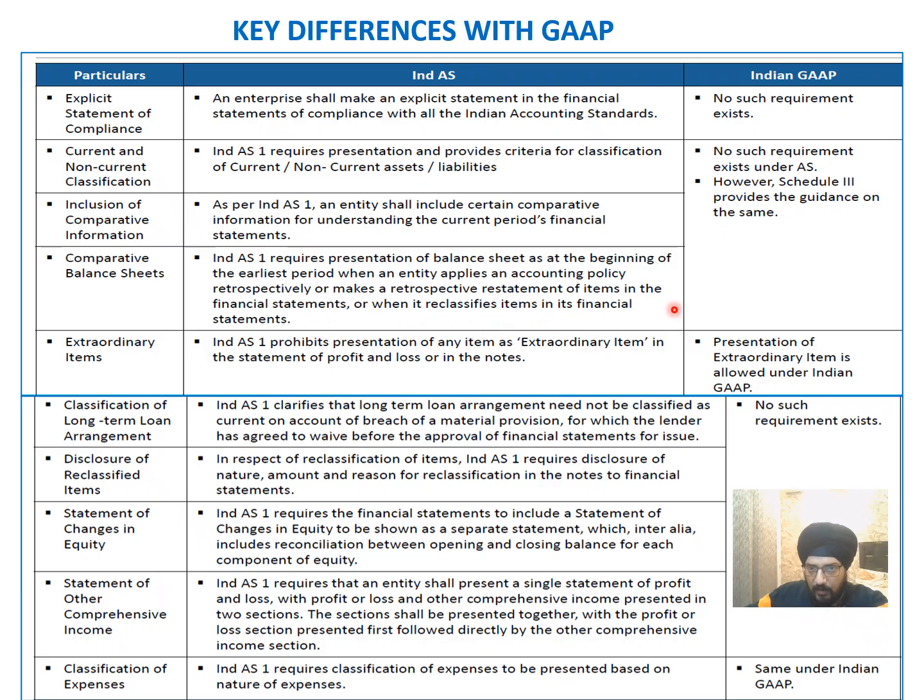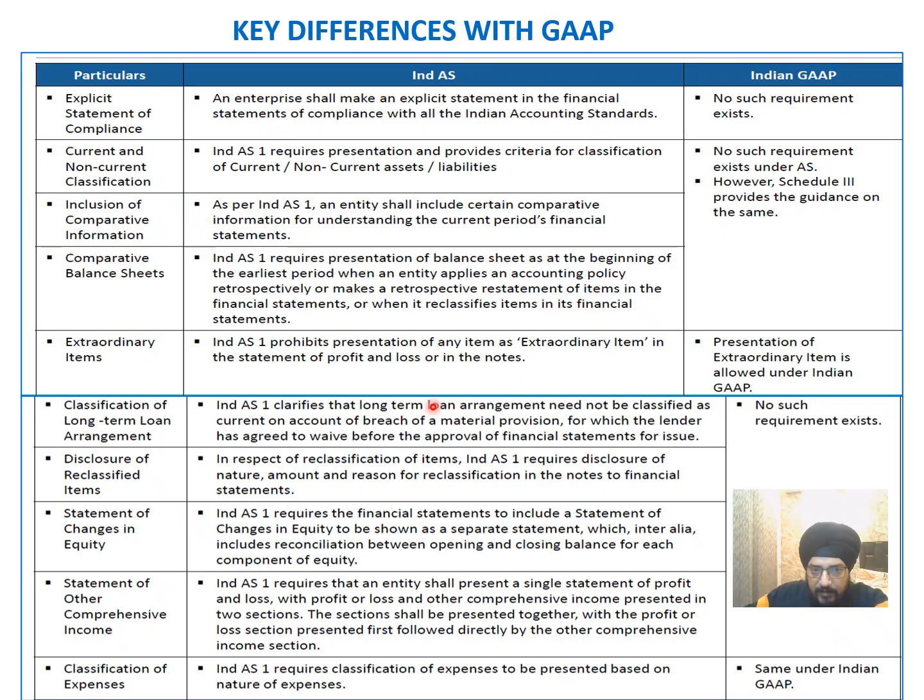That was not there specifically in the Indian GAAP. So when we talk about restatement, there are three balance sheets: the current year balance sheet, the previous year balance sheet, and the opening balance sheet of the preceding year, and all the changes retrospectively should be accounted for in the opening balance sheet of the preceding year.